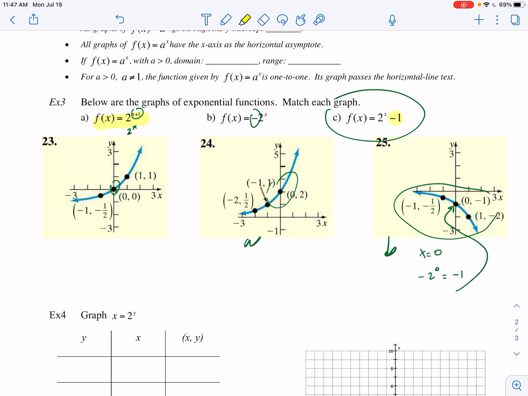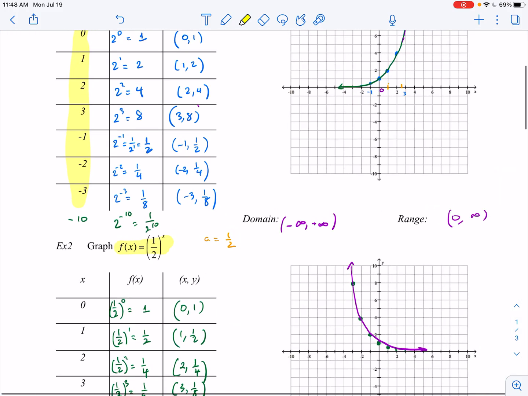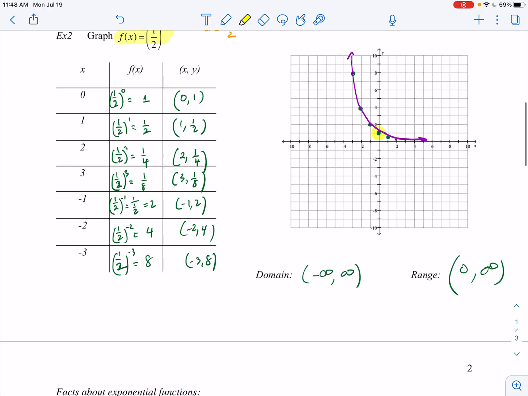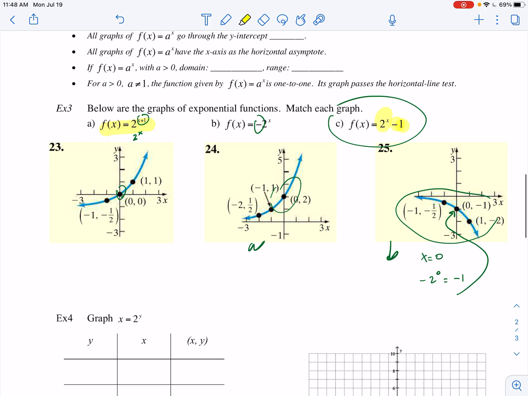So every single y value after you raise 2 to that x value is subtracted by 1, so you move all the y values down by 1. Now notice that earlier, these 2 graphs look like this is the common point the graph must cross, (0, 1). So if you move that down by 1, you're looking at a shift downward by 1 there, right? That's something you pick up as you do more of this. So this is part C.